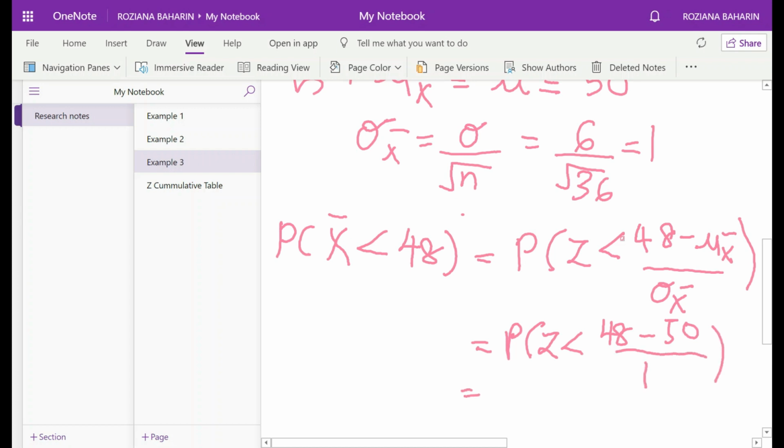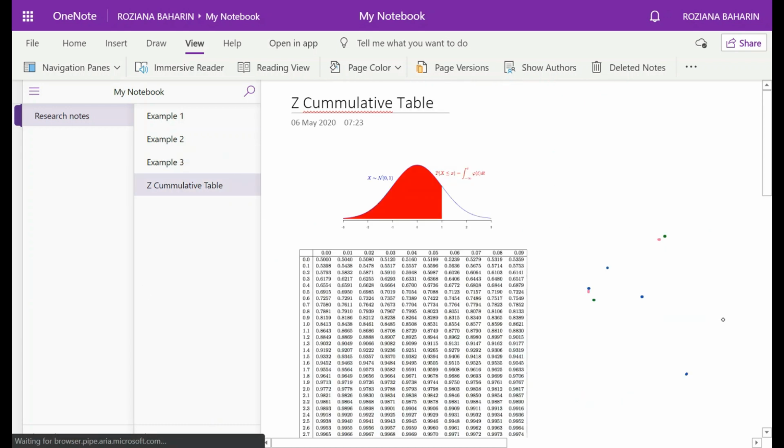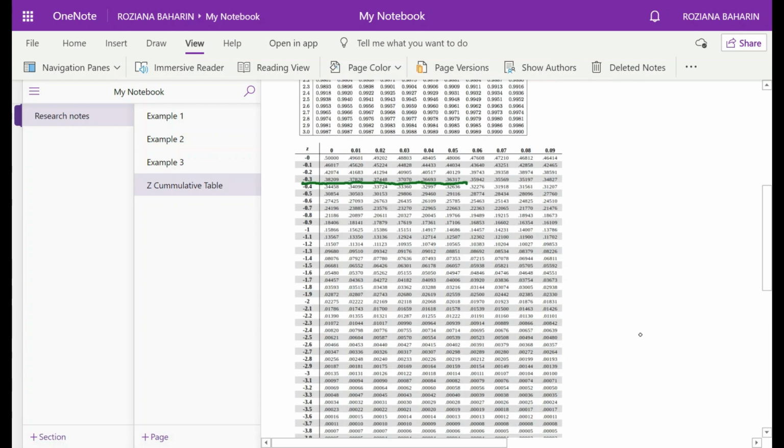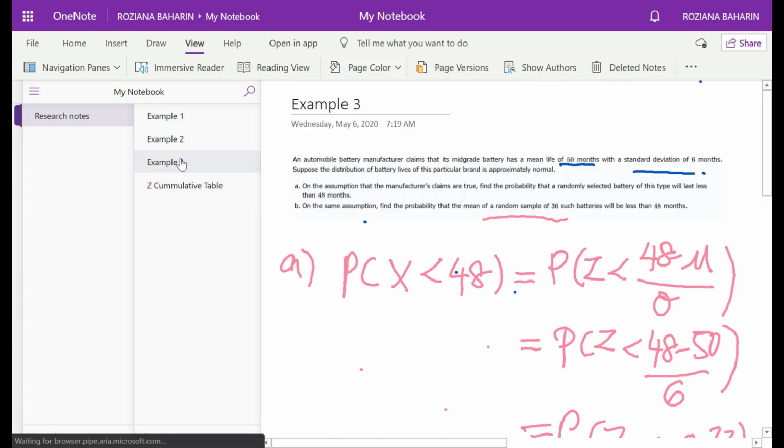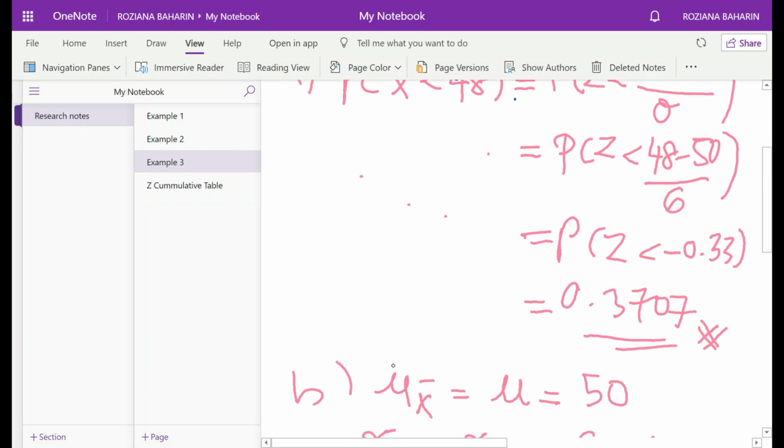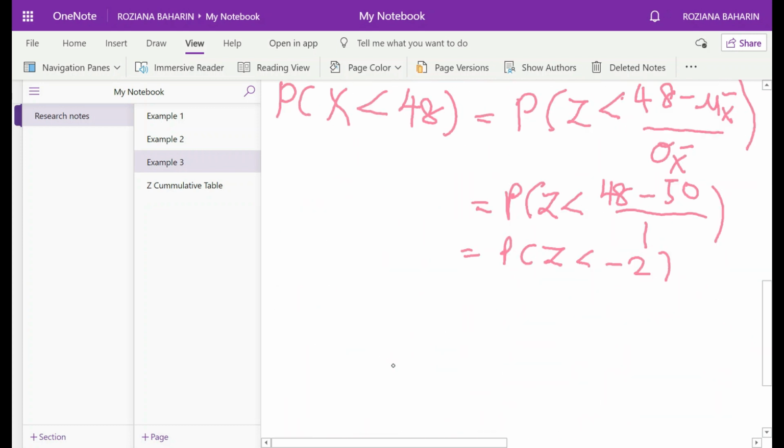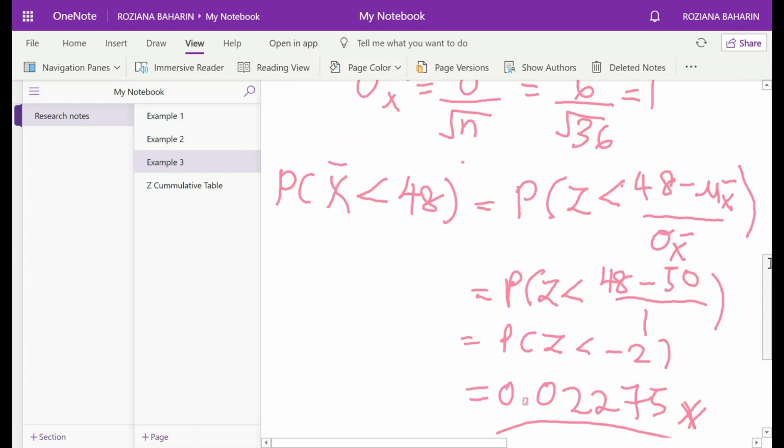So it is actually equal to P Z less than negative 2. Because this is less than and negative 2, we refer to the negative Z table. So 2 here is 0.02275.